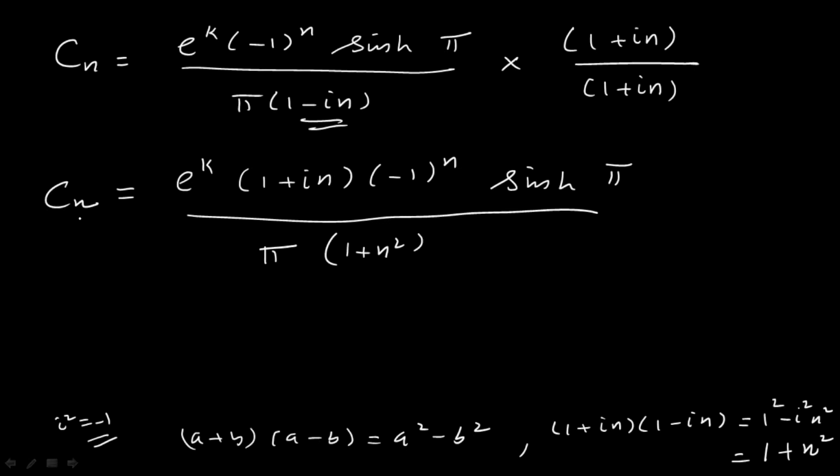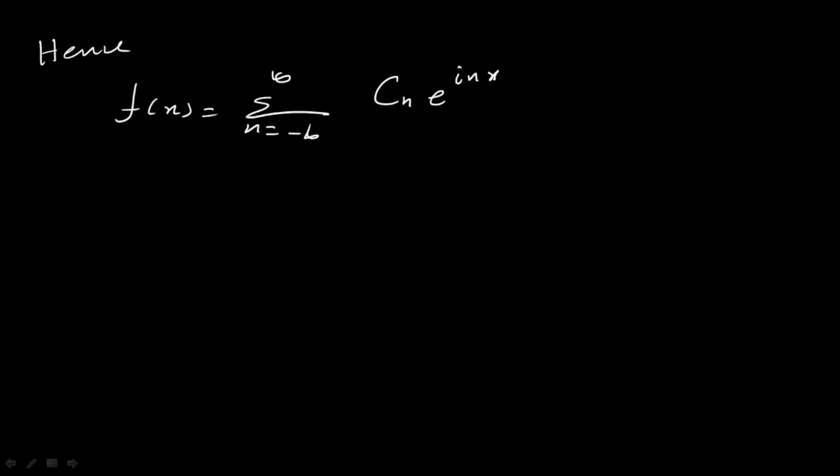Now let me substitute all these values of Cn in f of x, which gives the general complex form of the Fourier series of the given function f of x. Hence, f of x is equal to sigma n varies from minus infinity to infinity Cn e power inx.